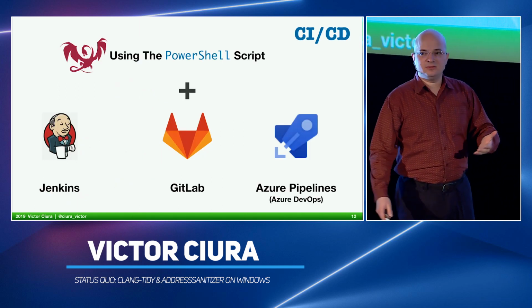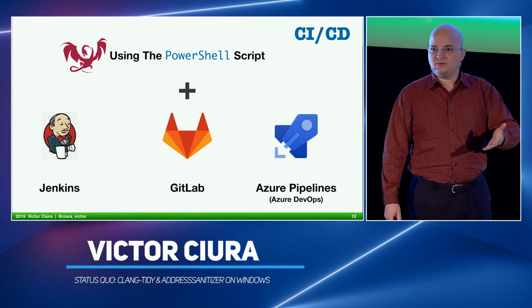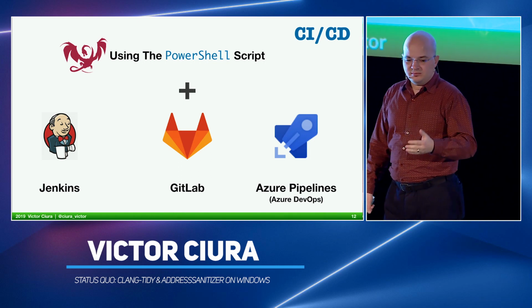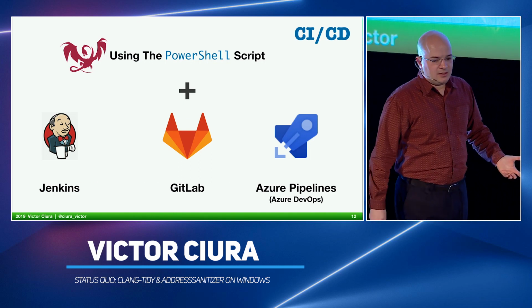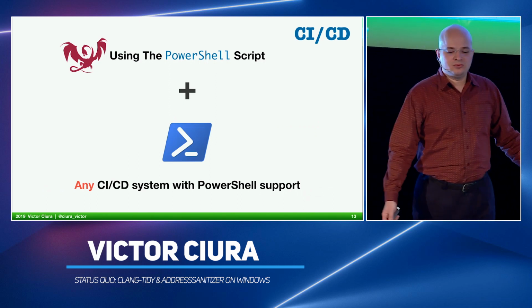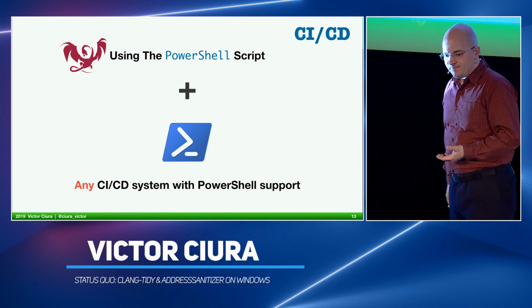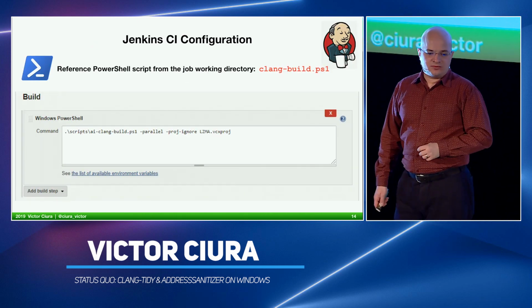It does come with easy integration with all the CI/CD tools out there. We started using it with Jenkins a few years ago. Now we've moved to GitLab. It works in Azure Pipelines, in Azure DevOps. Basically, any DevOps or CI/CD tool that supports Windows and running PowerShell scripts. That's how easy it is to integrate in Jenkins, for example.